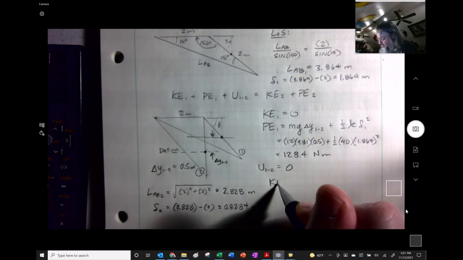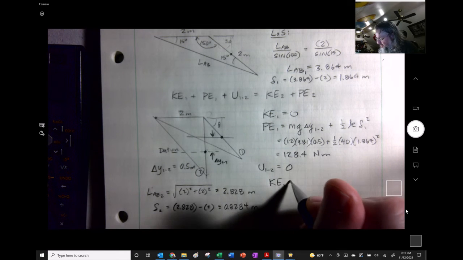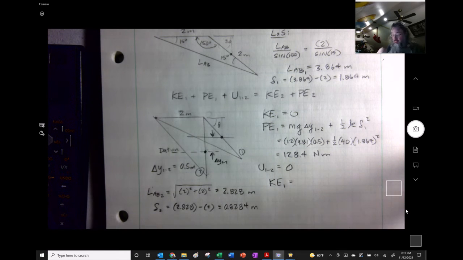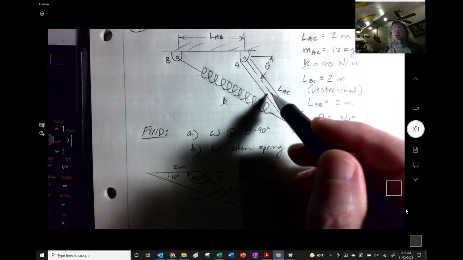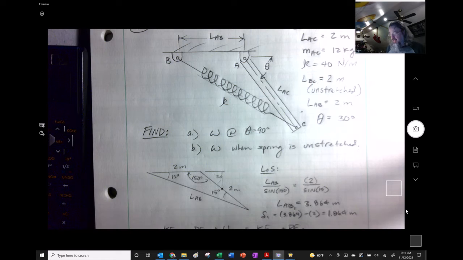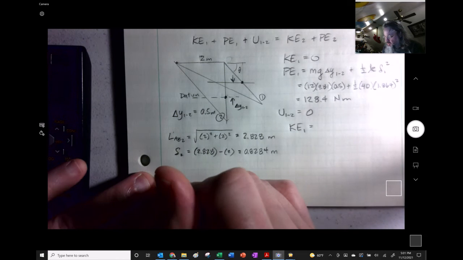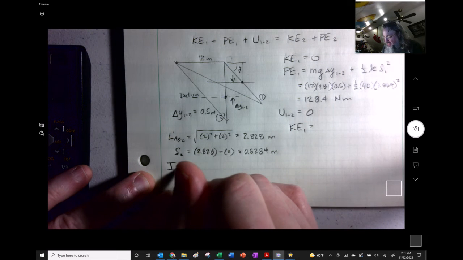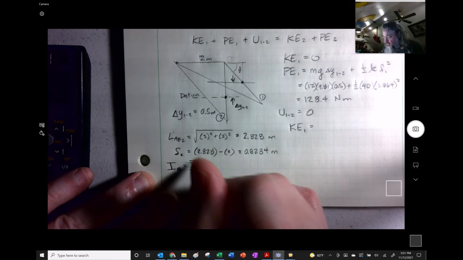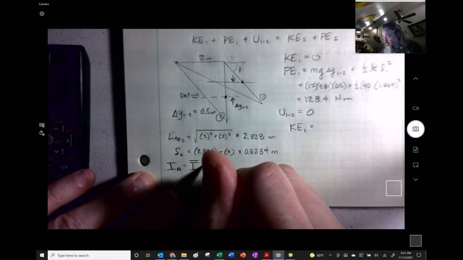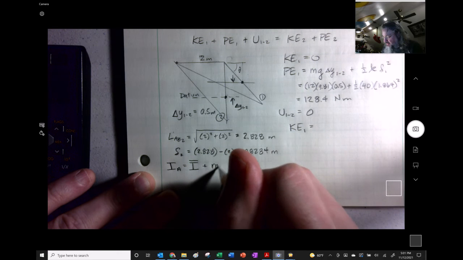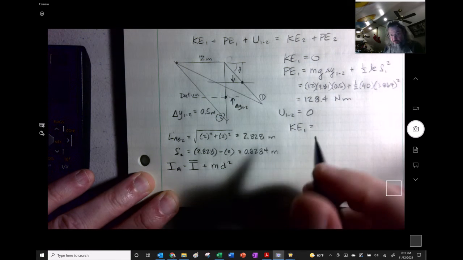All right. So anyway, KE1. Before we do this, I need to do some preliminary stuff I forgot to do. Normally I need to get the mass moment of inertia of this piece, and because it's pinned, it's going to be a little bit easier to find the mass moment of inertia about A. So we will find the mass moment of inertia about A by finding I bar of the thing, plus the mass times the distance squared that we're going to move it.